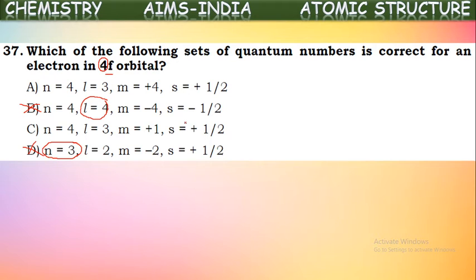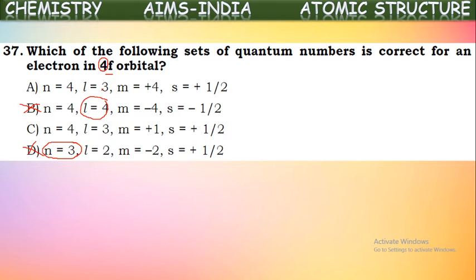Now out of these two we have to check. If l value is 3, then what will be the m values? m, that means magnetic quantum number, may get values from minus l to plus l, where l is azimuthal quantum number value. Here l value is 3. Then m values will be from minus 3 to plus 3 including 0.